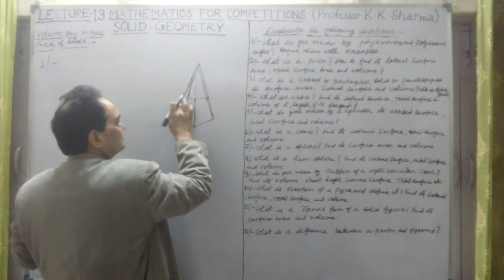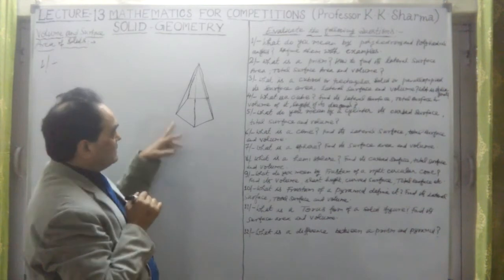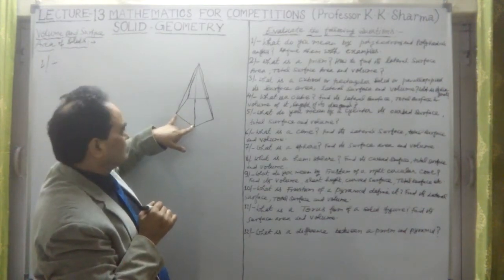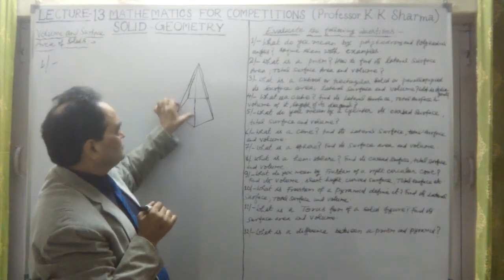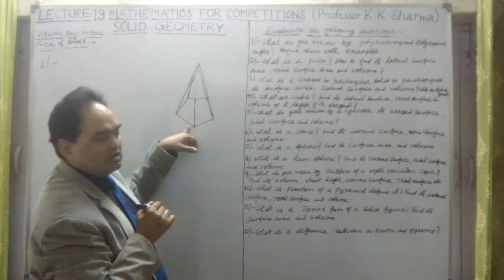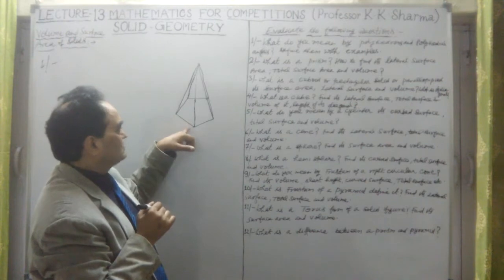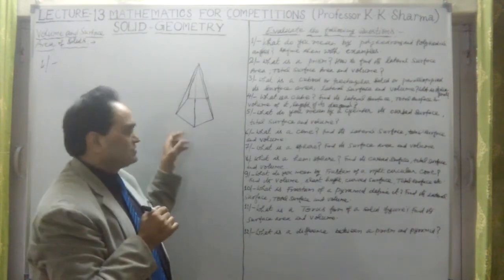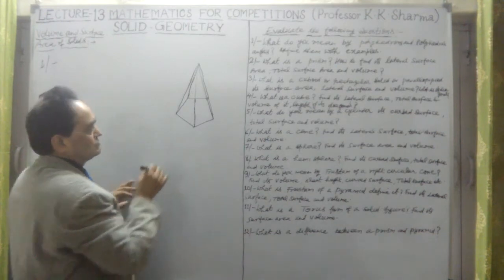These may be equilateral triangles or isosceles triangles. According to the base, we have taken the base length, and they may be isosceles triangles, forming triangles.